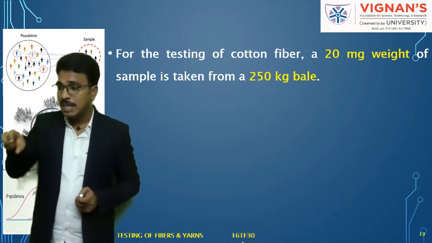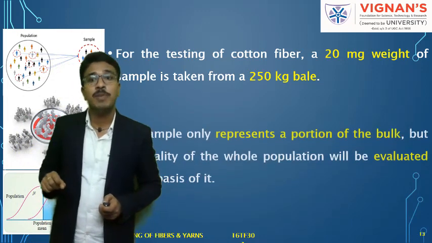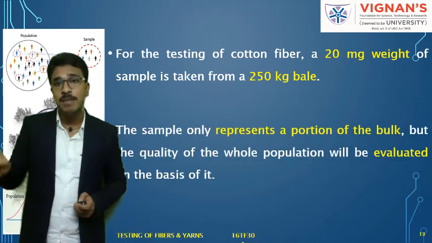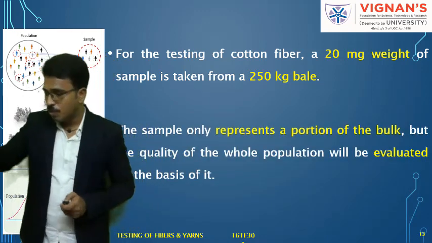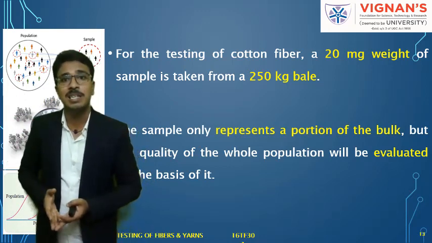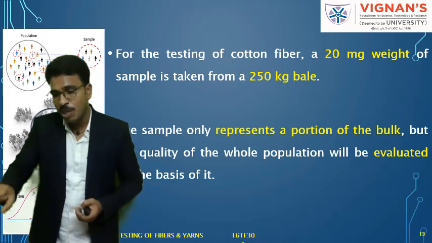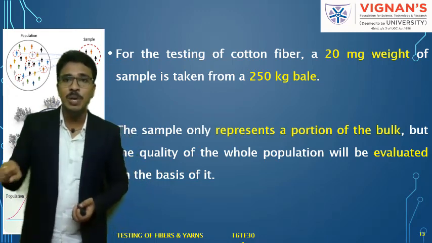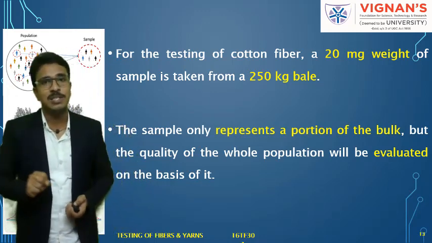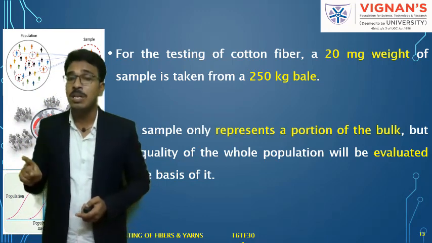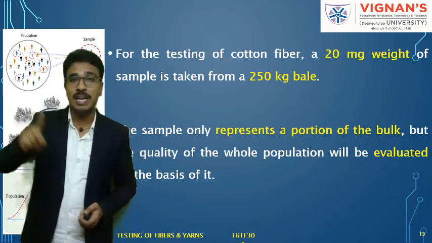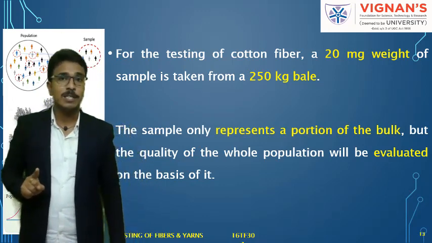But the selection of the 20 milligram sample is very important. If the 250 kgs bale is there, you should not pick the 20 milligram sample at one place. If you do like that, whatever the test results are, that is not the true representative of the entire 250 kgs bale.